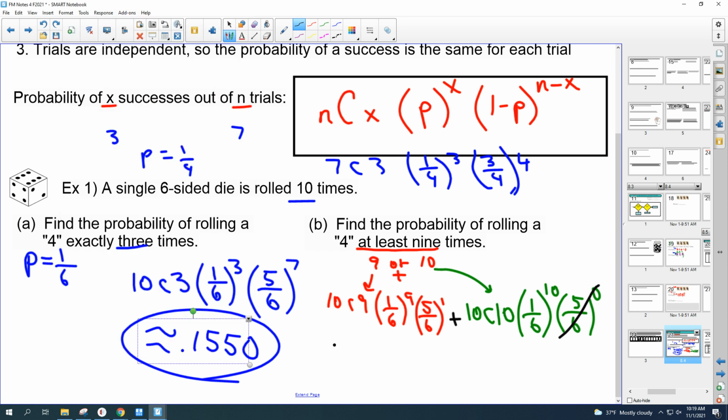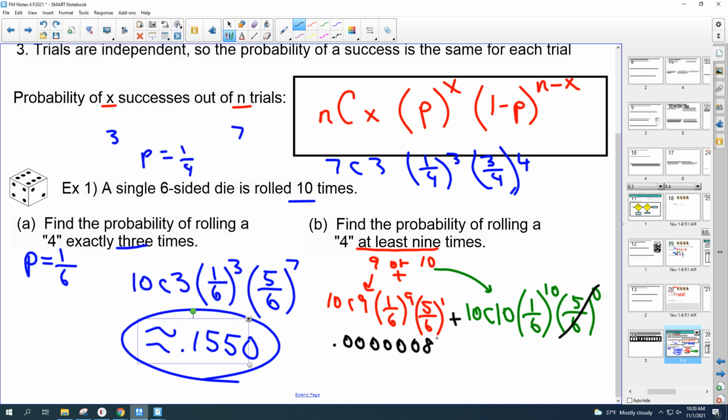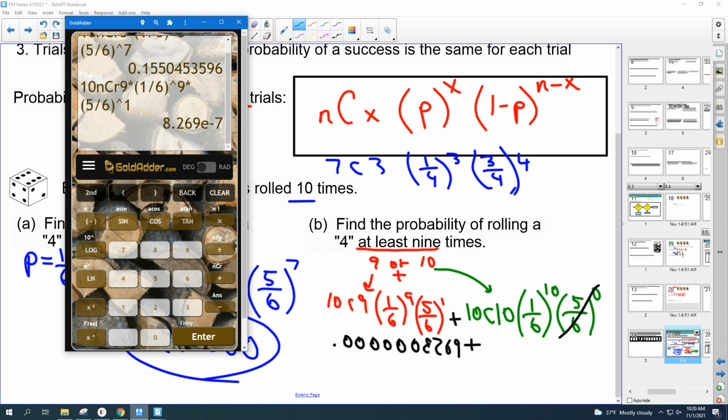We've got 1, 2, 3, 4, 5, 6. Where's that 7? Move it left 7 times, so you'd have 6 zeros, and then 8, 2, 6, 9. But maybe we should have just plugged all of it in anyway.